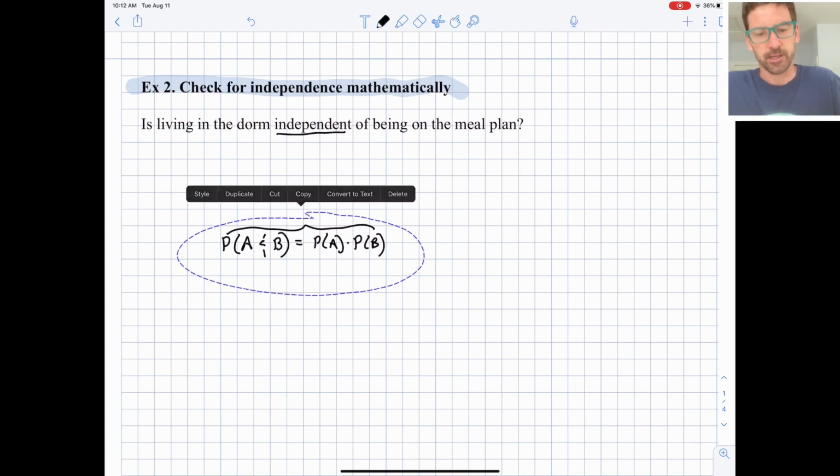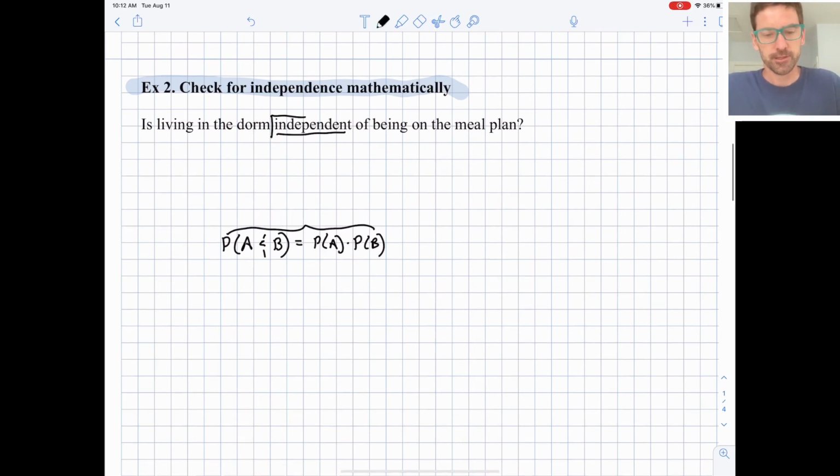Let me try to visualize this for you a little bit. If things are independent, then that statement is true. But what we also know is if that statement is true, then things are independent. So that's a bidirectional conditional statement, as we call it in logic or geometry. We can go both ways with that if-then statement.